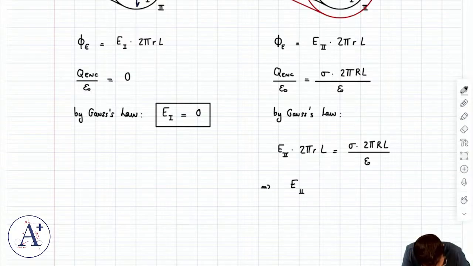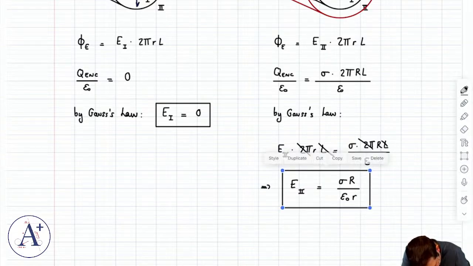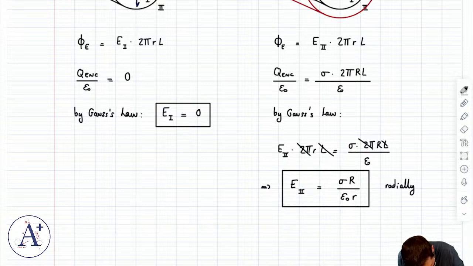And therefore I find that E2 is equal to sigma big R over epsilon naught little r. And because my cylinder of charge is positively charged, this is going to be radially outward.